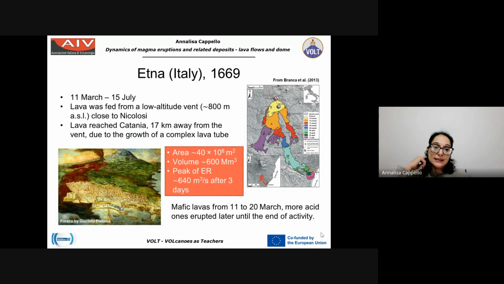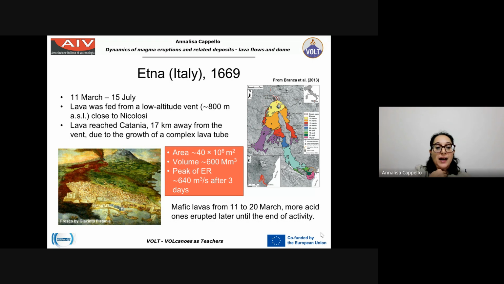And then to finish, I want to introduce you to some effusive eruptions which I consider to be representative of the different kinds of eruptive activity due to effusive eruptions.